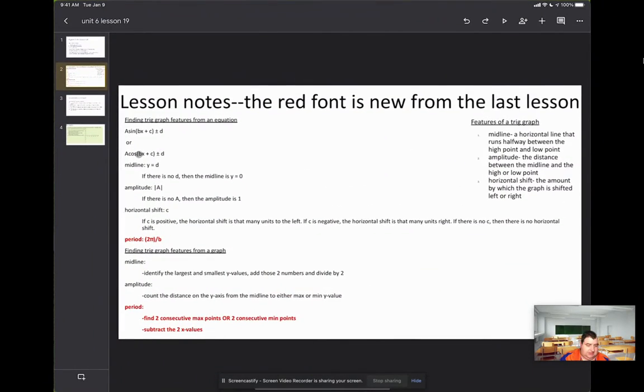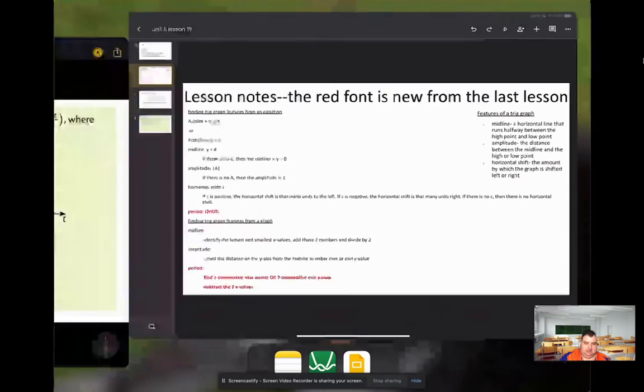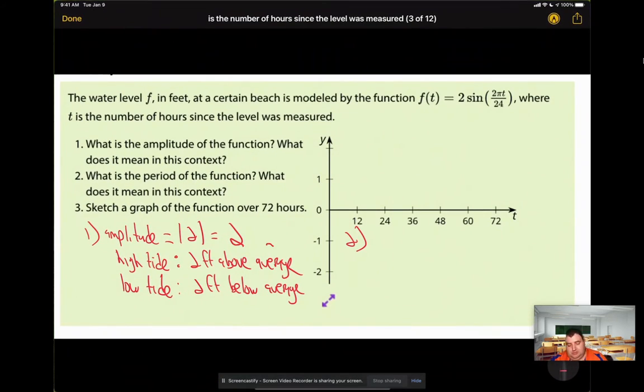B is the number that's next to x or t inside the parentheses. So period is going to be 2 pi over b. In this case, b equals 2 pi over 24.